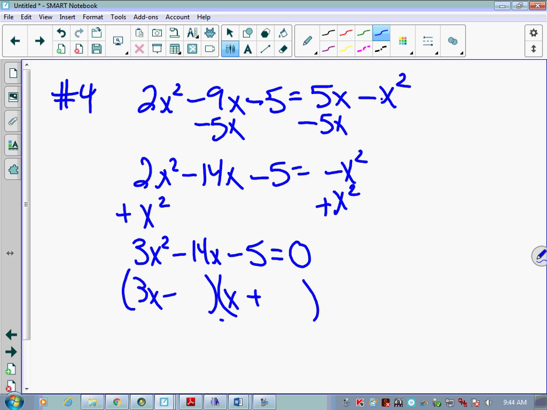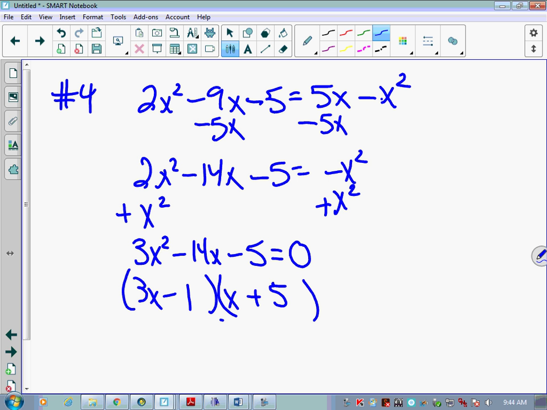All right, so we know because this is 5, what are the only two things that are going to multiply to be 5? 5 and 1, right? So where do I want to put the 5? The reason why is because 3x times 5 is going to be 15x, and negative 1x, I'm going to pick up subtracting from that.